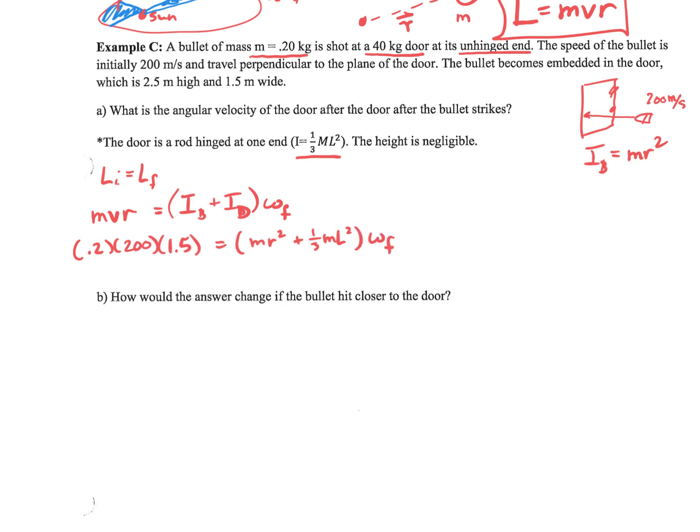So let's figure out what that is. Mass of the bullet is 0.2, radius of the bullet, of course, is 1.5 squared. Plus 1/3 the mass of the door, 40, times the length of the door, the same thing, 1.5 squared, because we're looking at the distance, the length this way.